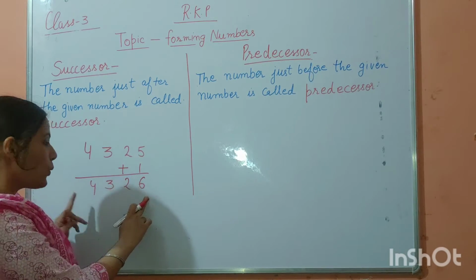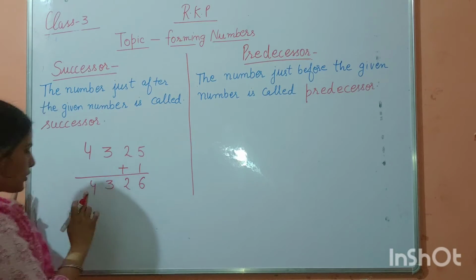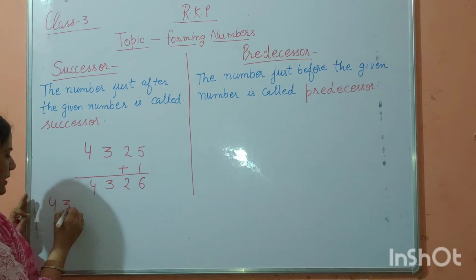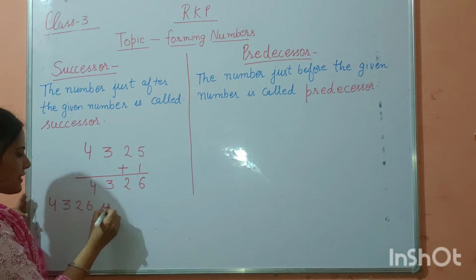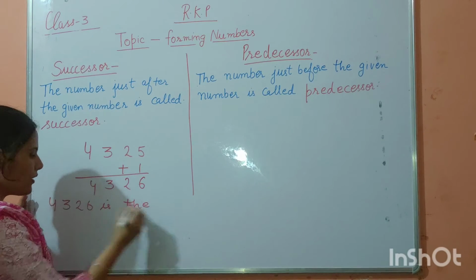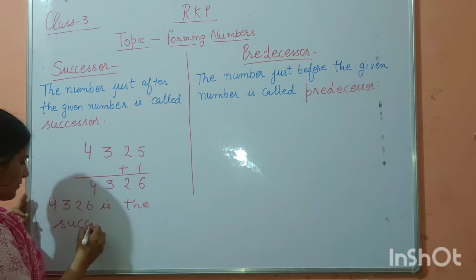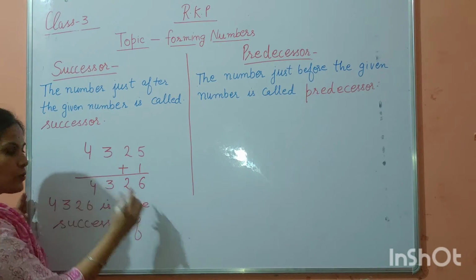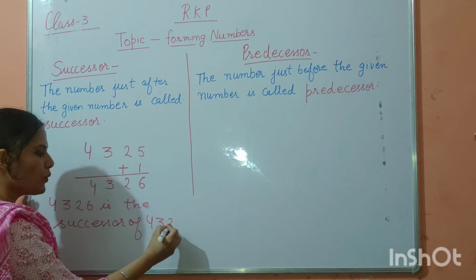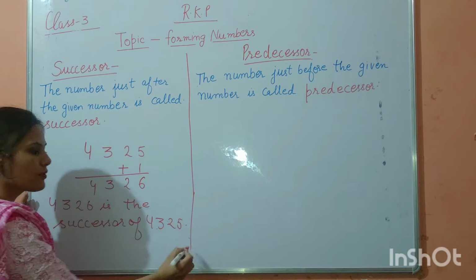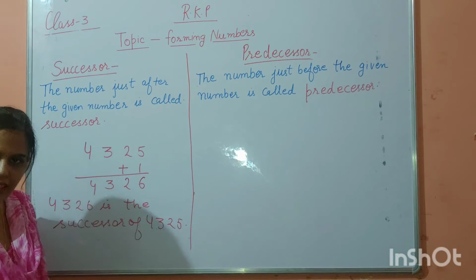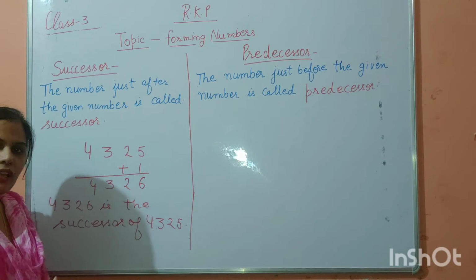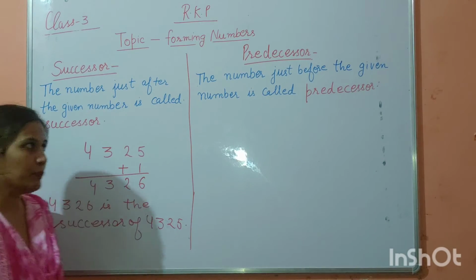So students, what is the successor here? You can write 4326 is the successor of what? 4325. Okay students, in successor you will add 1 to the given number.